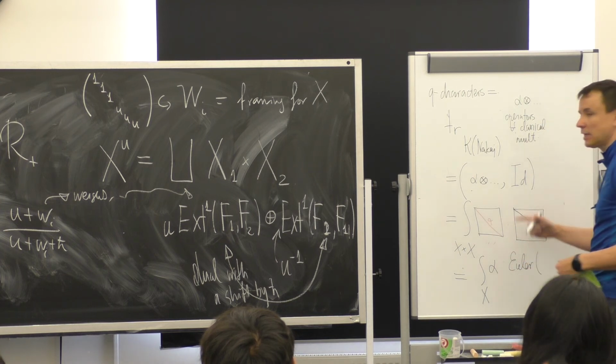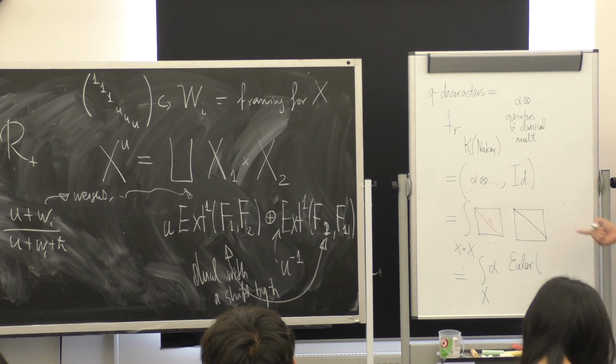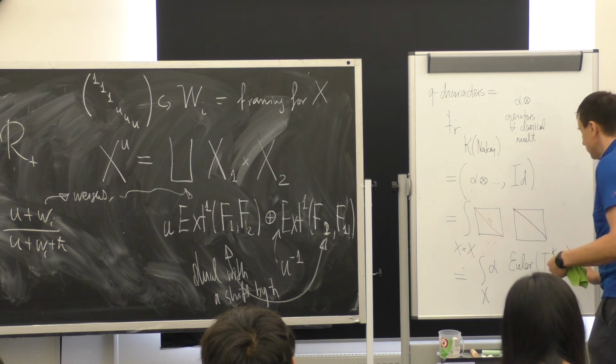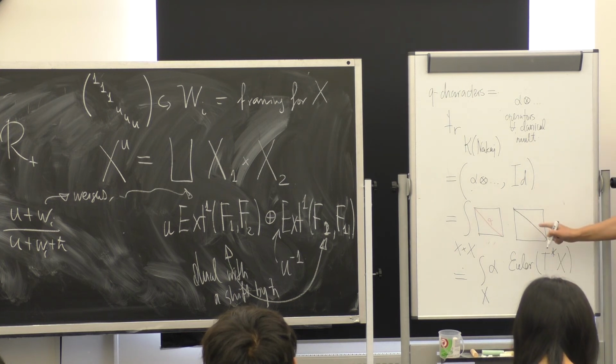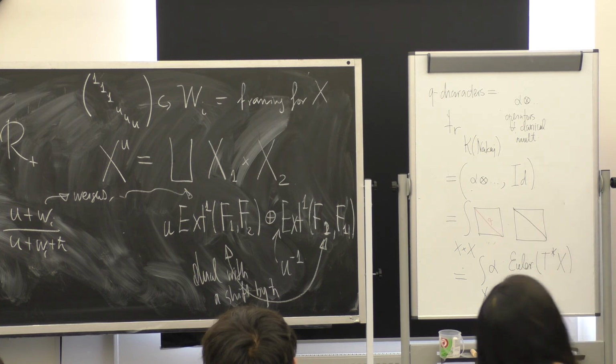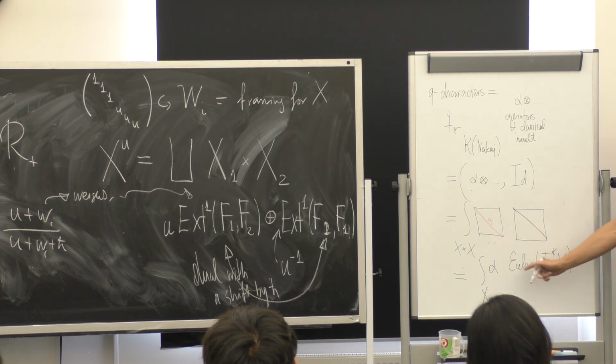Euler class means alternating sum of exterior powers of the cotangent bundle to x. Because this is the normal bundle, this is the dual to the normal. The normal bundle to diagonal is the tangent bundle, and you put the Euler class of the dual bundle.